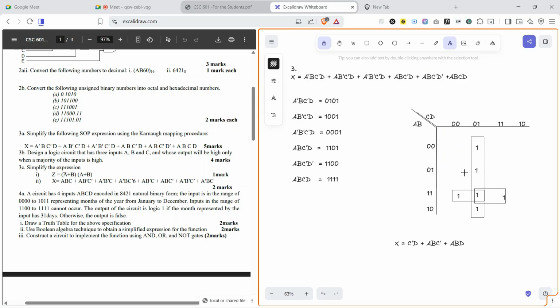After putting it in a K map, for this first one, this column, everything has one. Since everything in this column has one, it means we will write this part as a simplification, this particular column, which is 0, 1. And 0, 1 simply means it is this part.